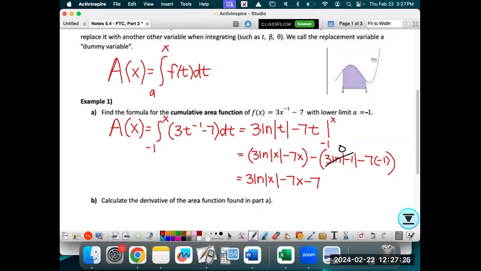My original function is really 3 over x minus 7. That function is not defined at 0. So when I go to integrate it, I'm either going to have to integrate on numbers less than 0 or numbers greater than 0. I can't integrate over that discontinuity. So that means that x is going to have to be less than 0. That way I'm staying on the left side where that negative 1 is.